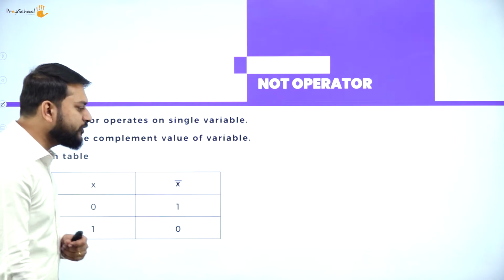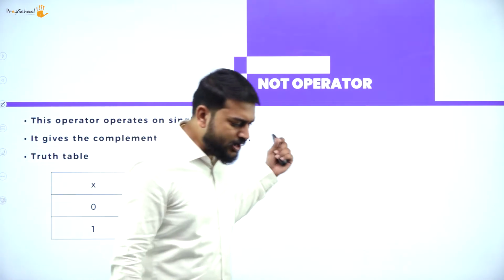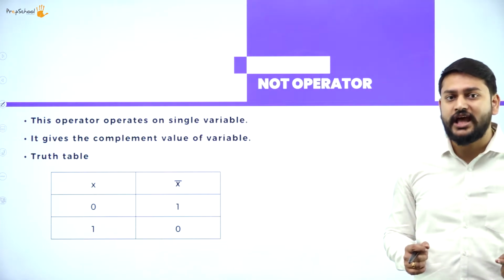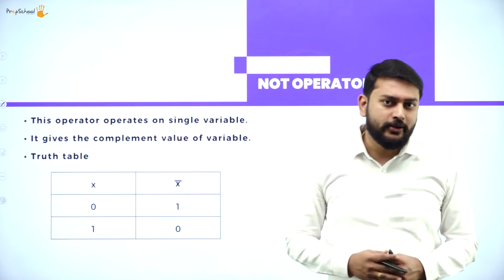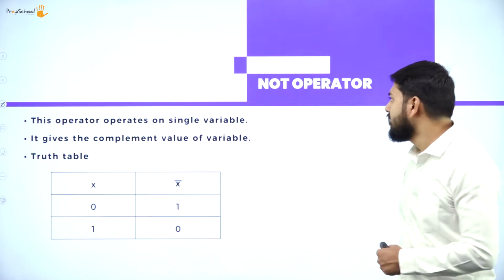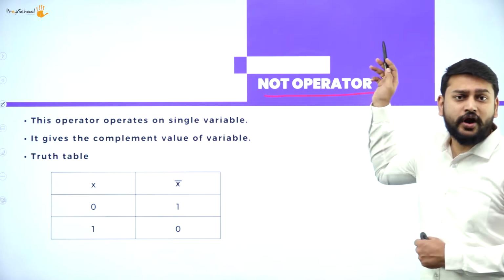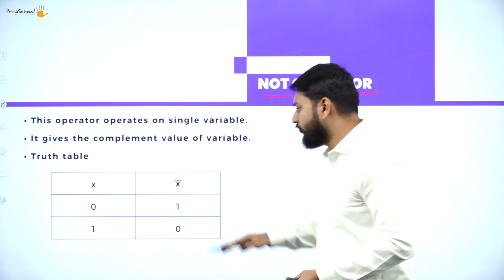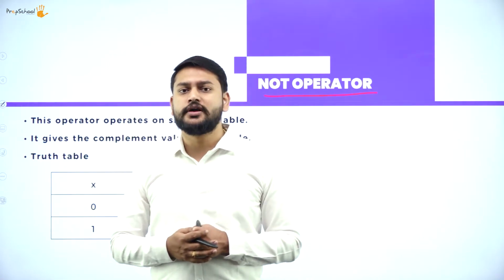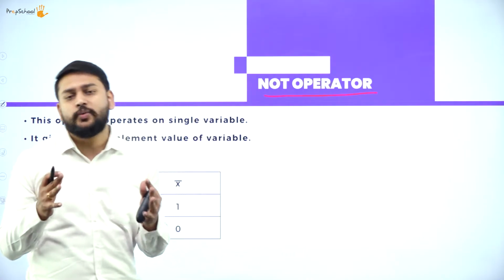So let's start with the not operator. Let me not discuss the graphical symbol right away. Let me show you the functionality with the help of a truth table. So assume that I have a not gate with me. That is what I will call a not operator. It is important that you understand how many inputs I will have.